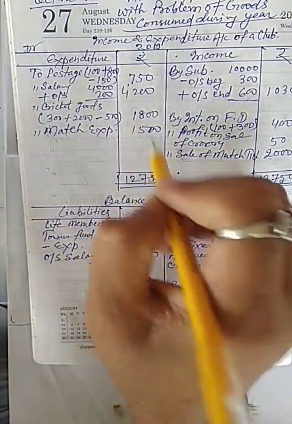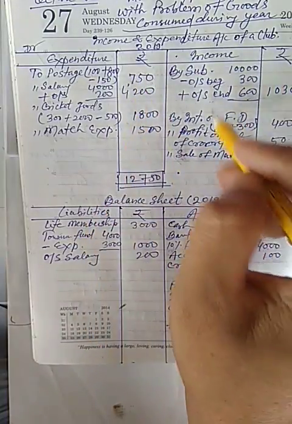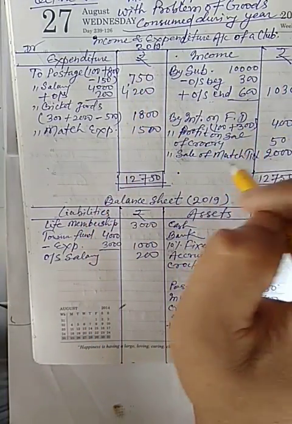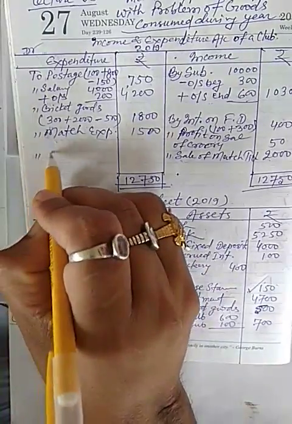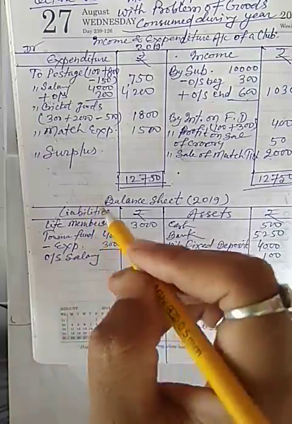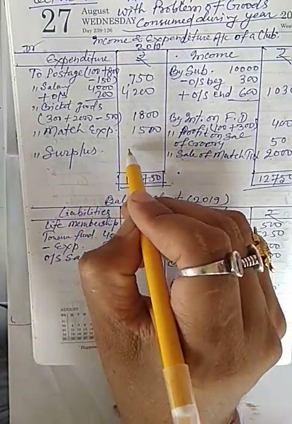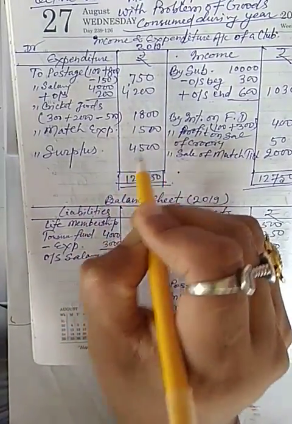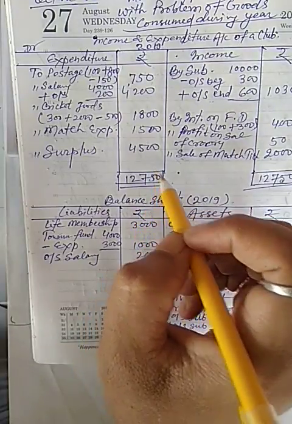Now I will deduct all the expenditure from total income, so the surplus will be 4,500.